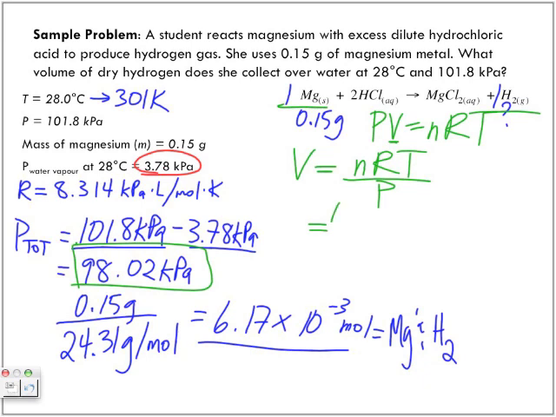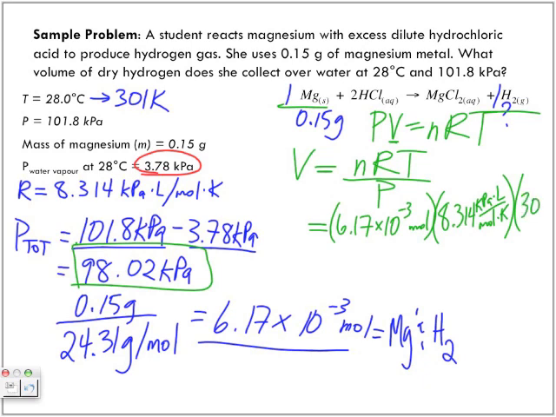So our n value, 6.17 times 10 to the power of -3 moles, multiplied by our R value, 8.314 kilopascals liters per mole Kelvin, multiplied by our temperature, 301 Kelvin, divided by our new pressure, 98.02 kilopascals.